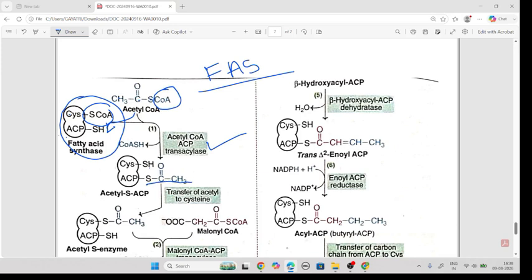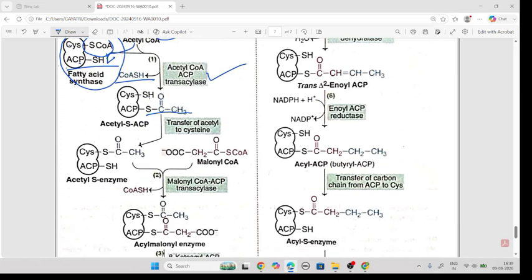Don't get confused. In the first step, your acetyl CoA will come and bind to the ACP of your FAS complex. It will come and bind here, and the CoA will be released out, so there will be no CoA left. Now the cysteine part is empty and the ACP is occupied by the acetyl.